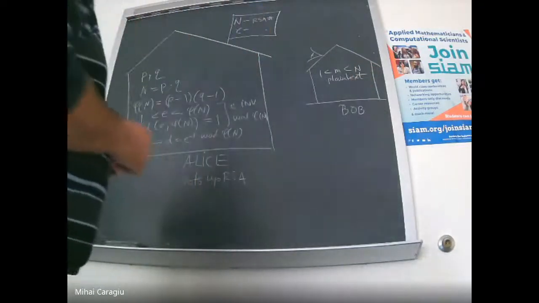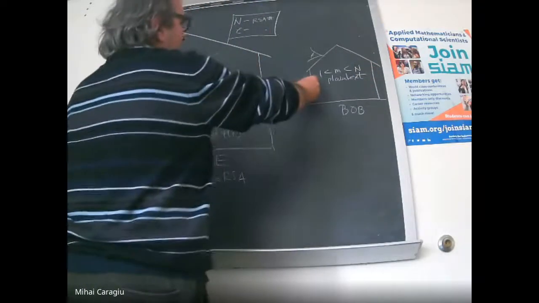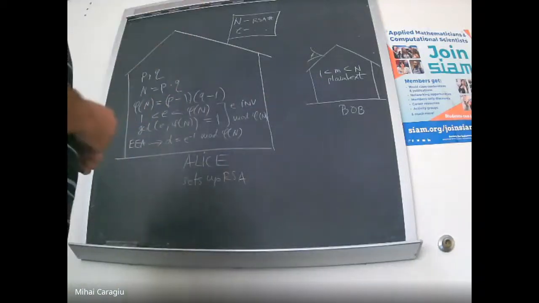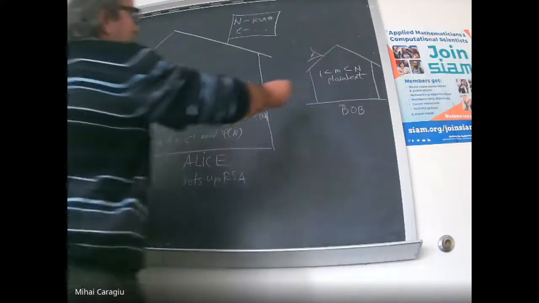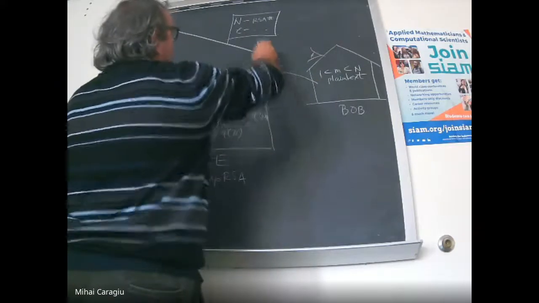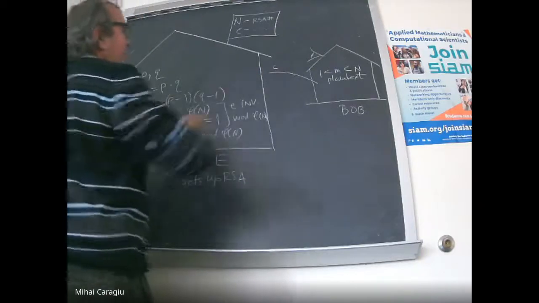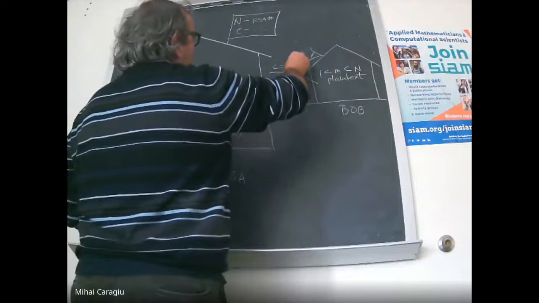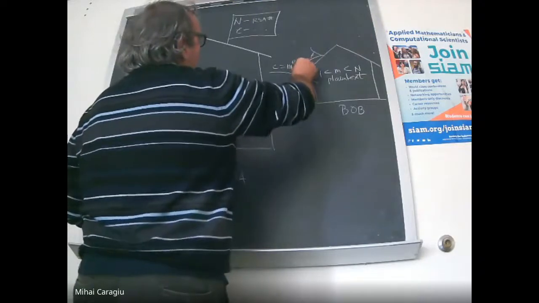Okay, to encrypt the plain text, we now use another important algorithm, fast exponentiation. So Bob will raise the plain text to the public encryption key of Alice, and get the cipher text, which is m to the power e mod n.